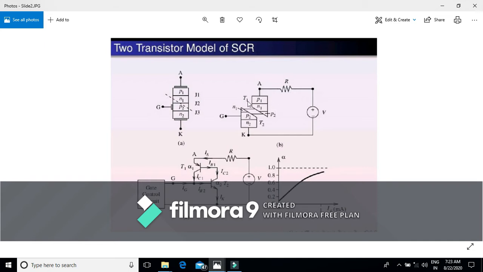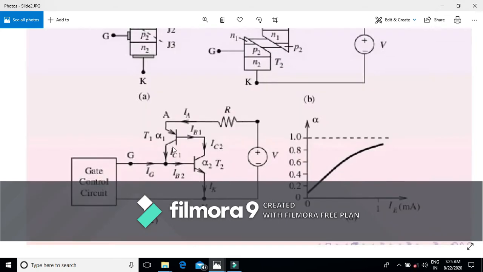That means this is the P1 N1 P2 transistor T1, and this is represented by the N1 P2 N2 transistor T2.